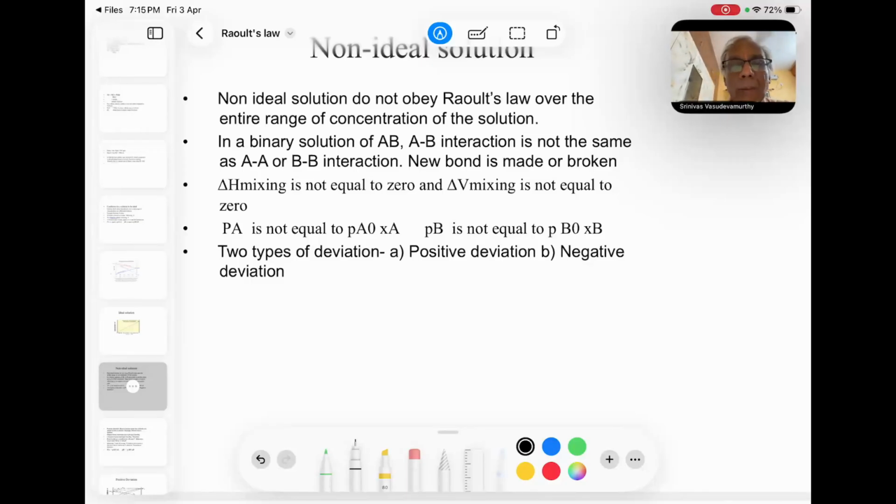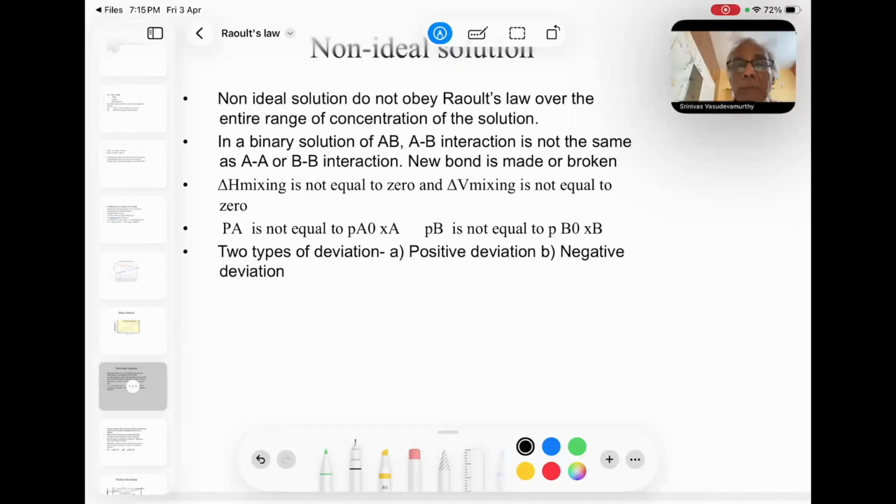Say I'm taking a binary solution of A and B. A is a solvent, B is another solvent, mixed together to give solution AB. The AB interaction is not the same as the AA or BB interaction. The environment has become different. The AB interaction may be more or less than the interaction in solvent A or solvent B. Here a new bond is made or broken.